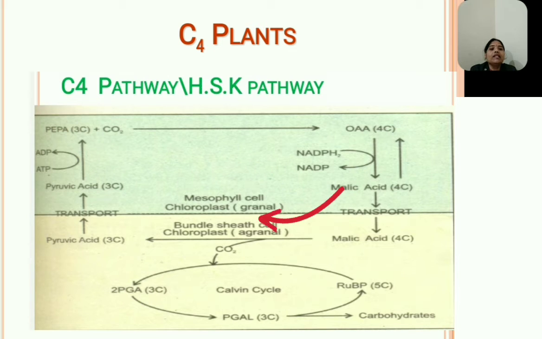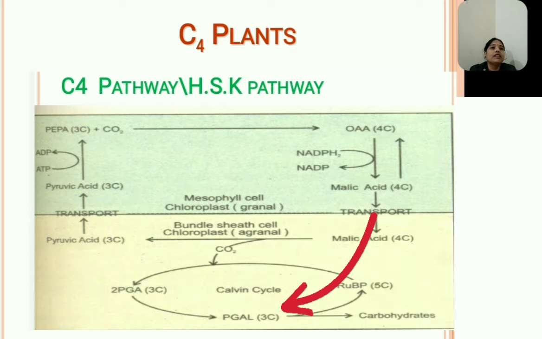So it is transmitted to the chloroplast of the bundle sheath cell. Hence malic acid, 4 carbon, is converted into pyruvic acid, where only 3 carbons are present. So it is converted into 3 carbon with the release of 1 carbon.